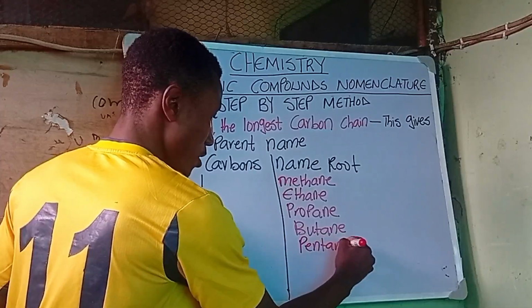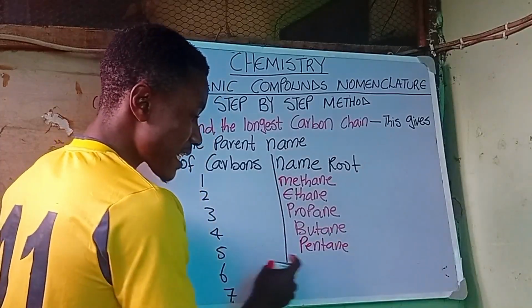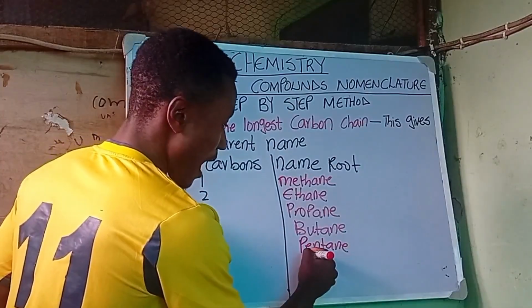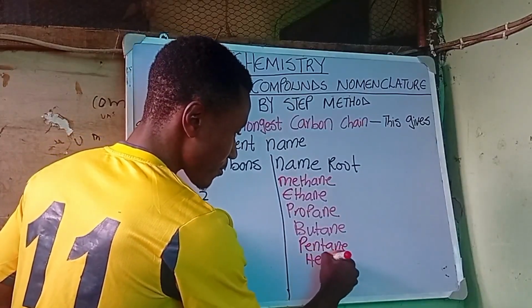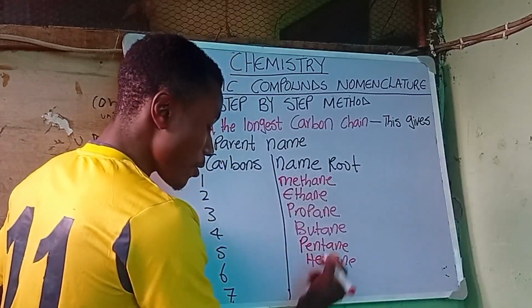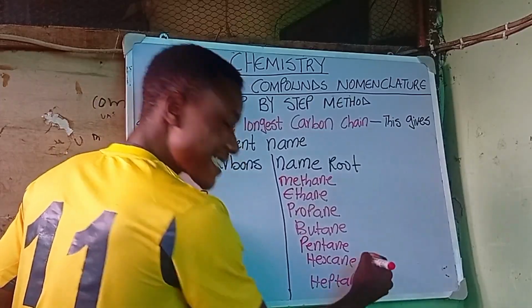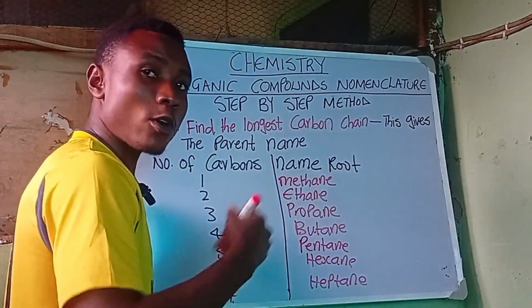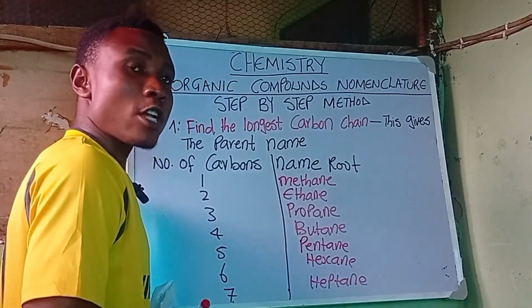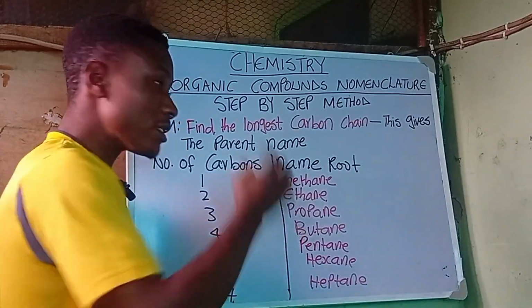Then 6 carbons is hexane. The 7 carbon is heptane. The 8 carbon atom is octane. The 9 is nonane, and 10 is decane.